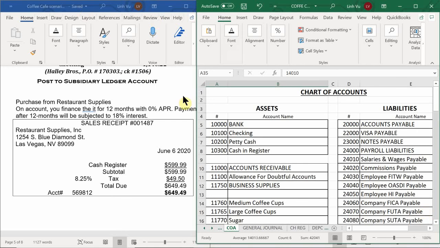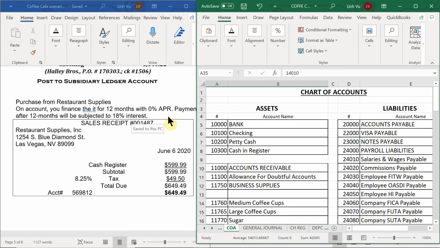I could choose, in this case, they gave me a 12-month grace period where they're not going to charge me interest, and I don't have to pay until a year later. Okay? But if I pay a year later, they're going to hit me with 18% interest. So if I pay now, and I financed it for 12 months, then I can easily pay this amount off without getting hit with interest.